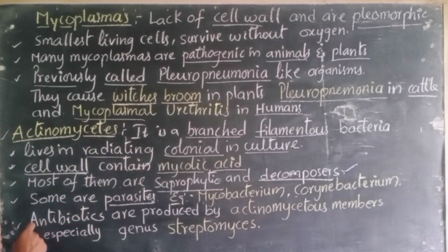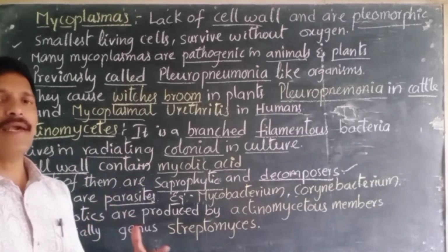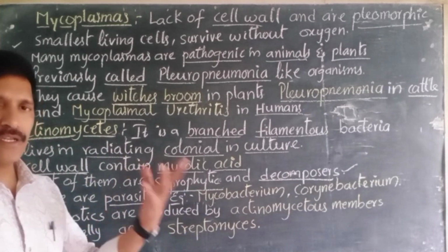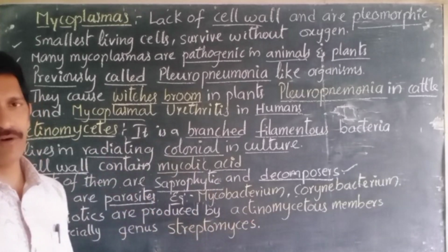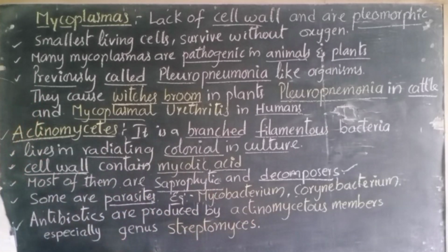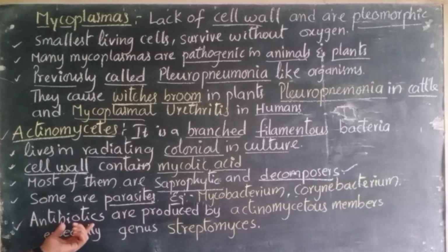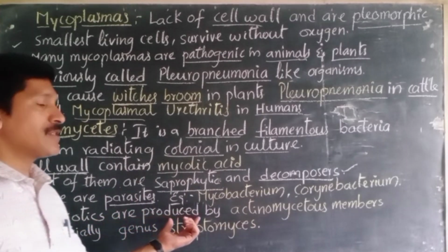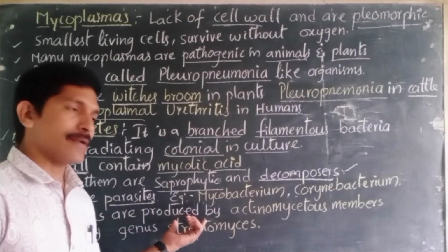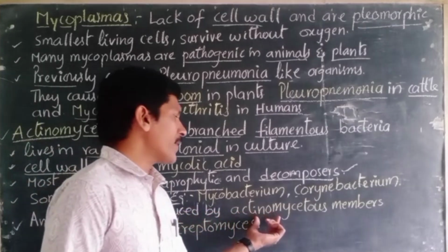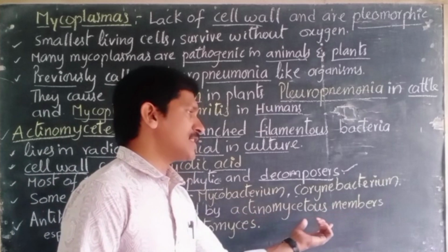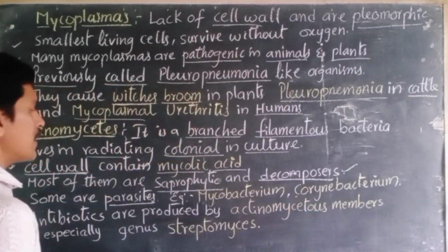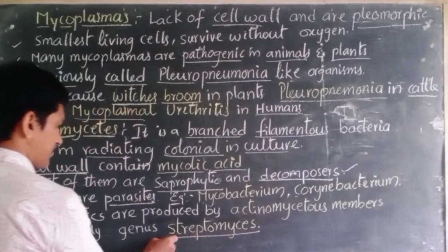Later, these are not only causing damage or ill health in animals, plants and humans, they also have a commercial benefit to human life. What was the commercial benefit? Here it is: most of the antibiotics are produced from actinomycetes members, most probably Streptomyces.